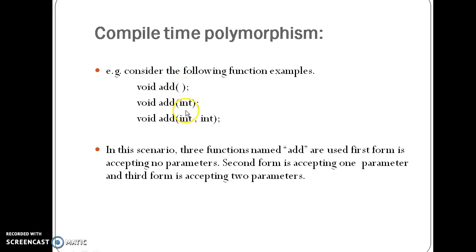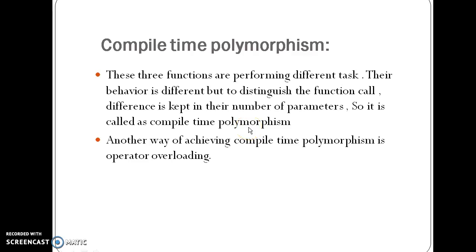If the call is given with one parameter, then the function with one parameter will be called, and if two parameters are used for calling the function, then the function with two parameters will be called. So obviously there is no doubt for the compiler in distinguishing the function calls, as we are keeping the difference in their number of parameters. So this is the example of compile time polymorphism.